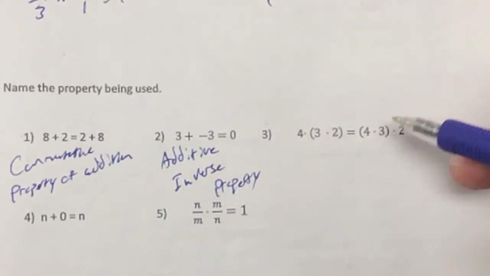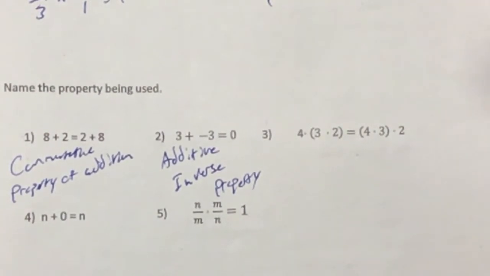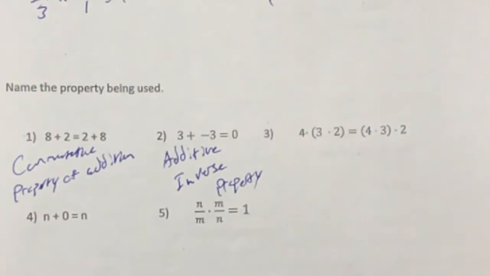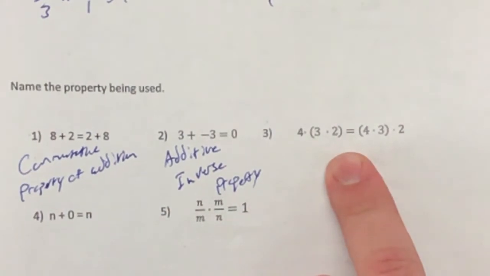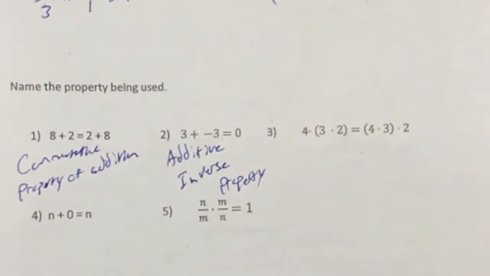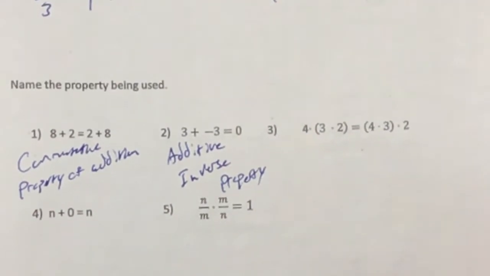All right, Landon, what property are we using on 3? Whatever order we're changing, the groups. We're adding on 3? Oh, the associative property.